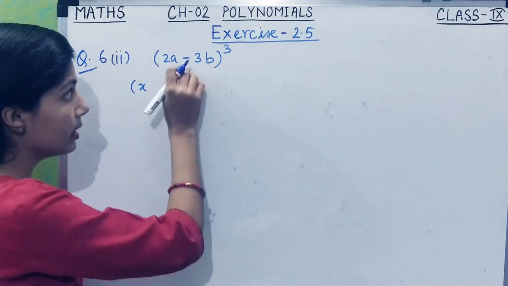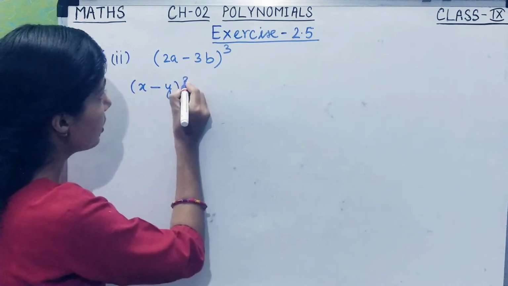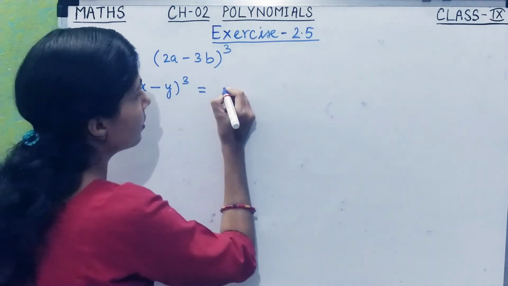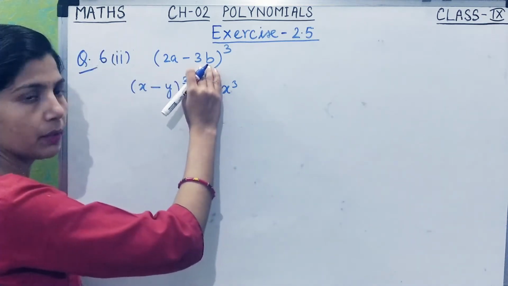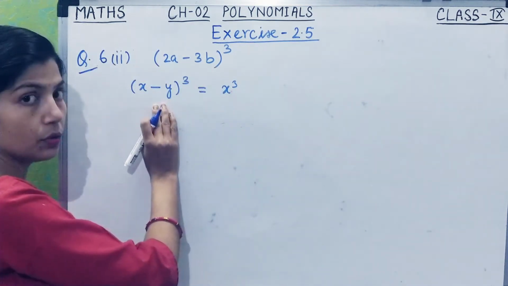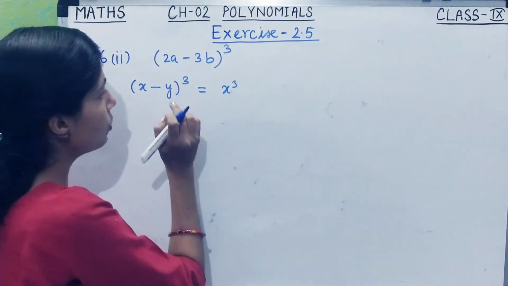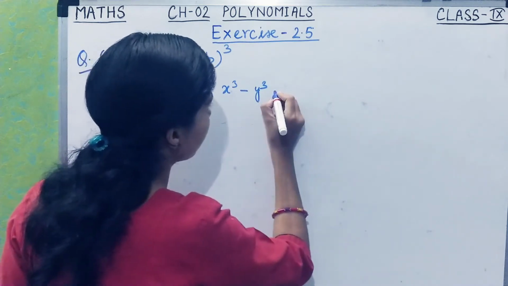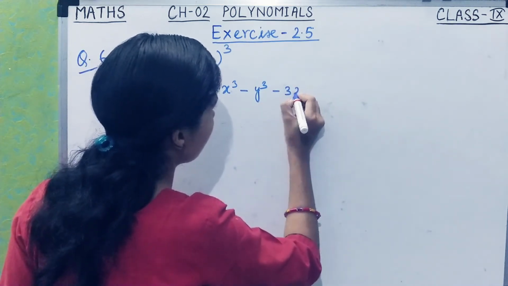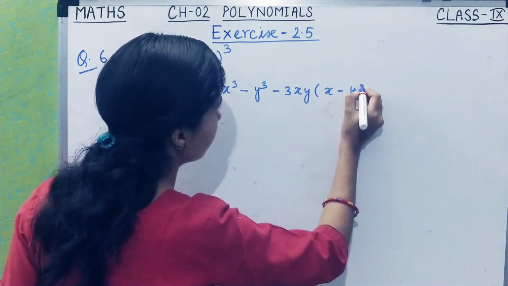Directly we have an identity for the minus sign, meaning (x - y) whole cube is equal to x cube minus y cube minus 3xy, and in bracket (x - y). Here the terms involve the variables a and b, so we are using the identity with x and y.